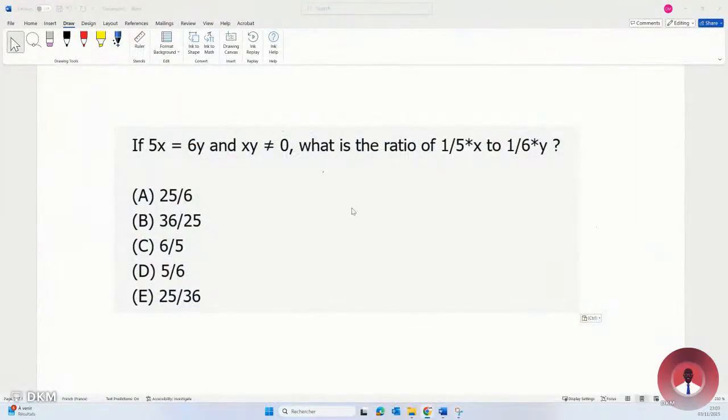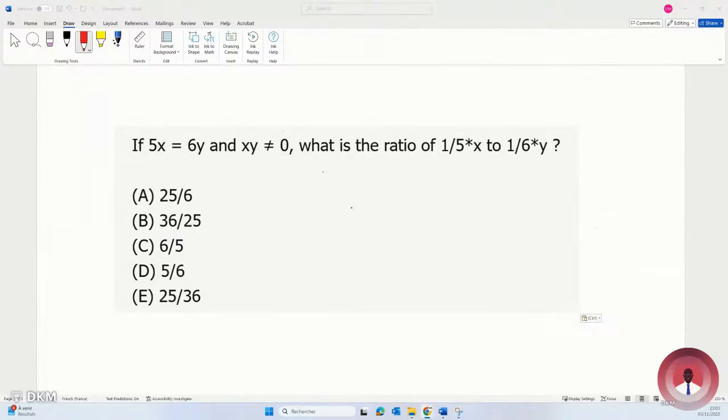If 5x is equal to 6y and y is different from 0, okay? That means that neither x nor y is equal to 0. So we have this ratio.